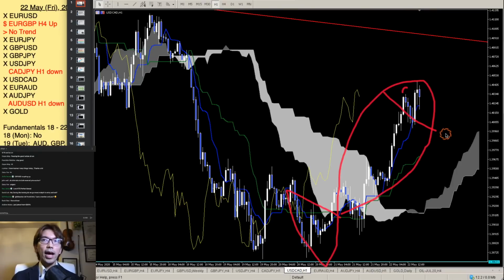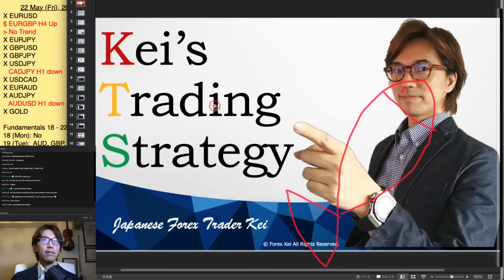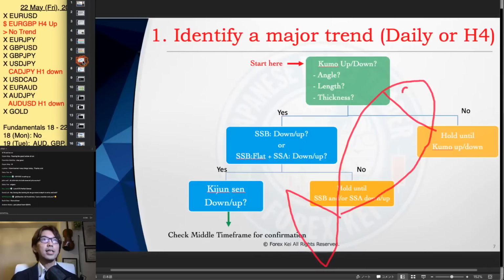That's why I didn't go for all five lines to capture the trend in this KTS, because it might be a little confusing. To capture a trend, Ichimoku Kinko Hyo's Kumo, Senkou Span A and B, and Kijun-sen will be just enough.